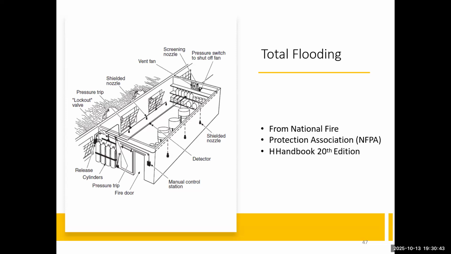And we have a network of pipes, and we have the discharge nozzles that are placed to ensure even distribution of the gas. There are also some safety devices to prevent accidental discharge. And from this figure, we can see the total flooding system is composed of this kind of components.